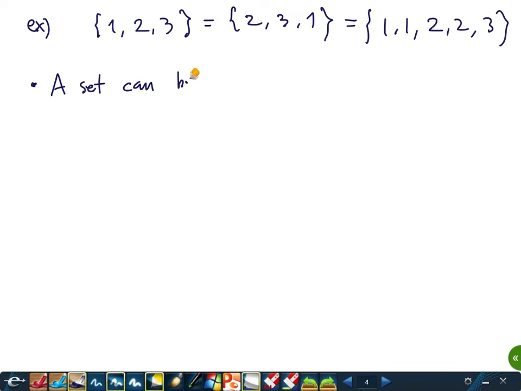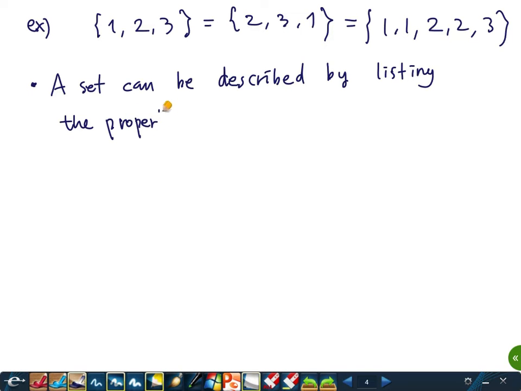A set can be described in several ways, by listing the properties of the elements that determine the elements completely.